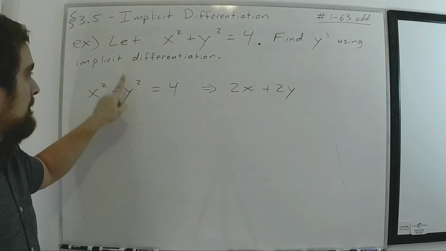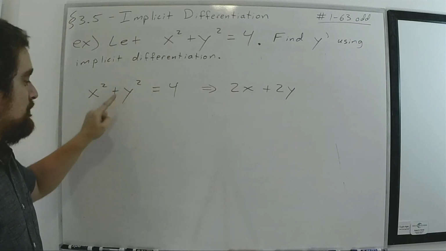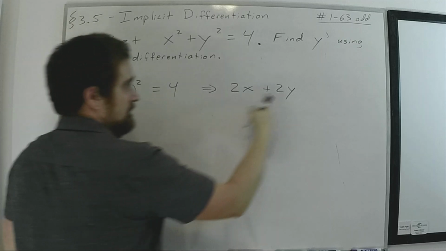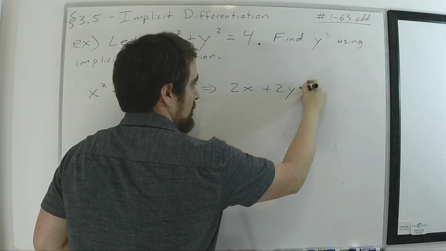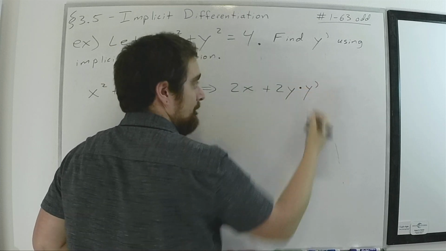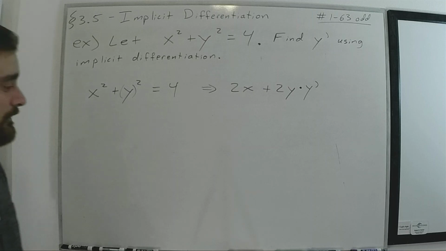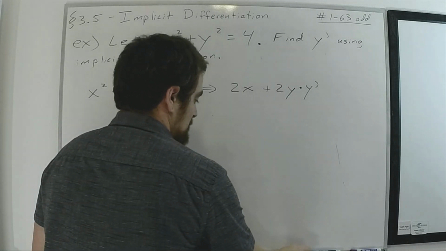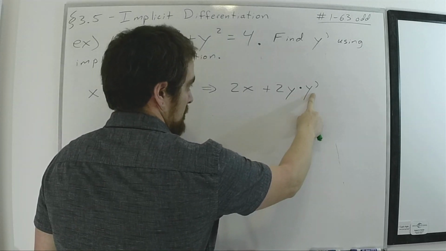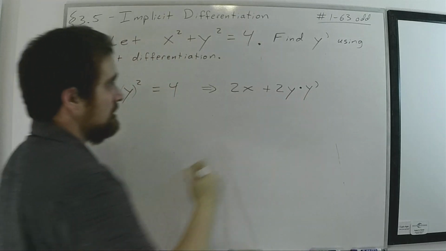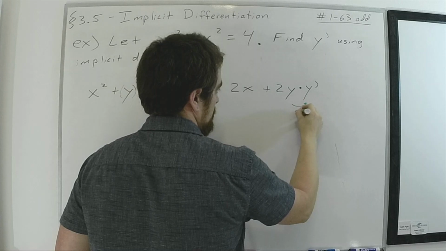But then chain rule says you multiply by the derivative of the inner function. Well, my inner function is y, so I have to multiply by the derivative of y, but I don't know explicitly what that function is in terms of x, so I can't write it out in terms of x. But I do know that the derivative of y is y prime. That's the derivative of y. So this is my chain rule.